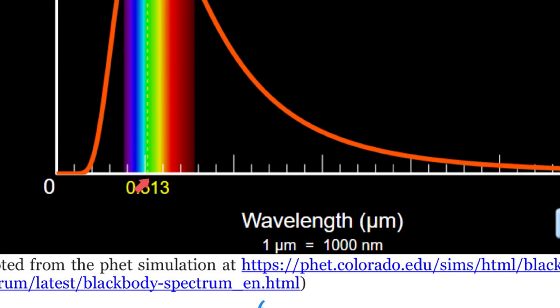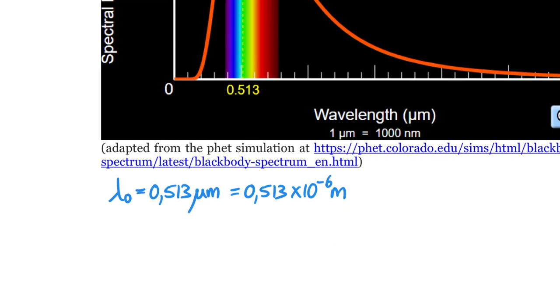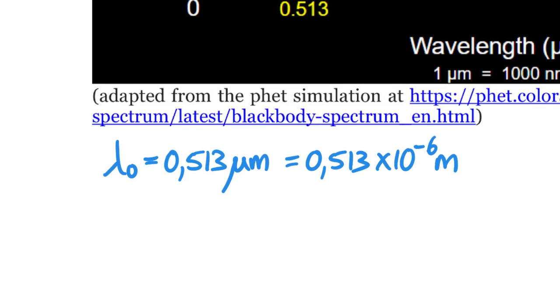So this peak wavelength, which we can see is sitting in the visible range, is 0,513 times 10 to the negative 6 meters. I've written it down there. Lambda 0 is equal to 0,513 micrometers, or 0,513 times 10 to the negative 6 meters.